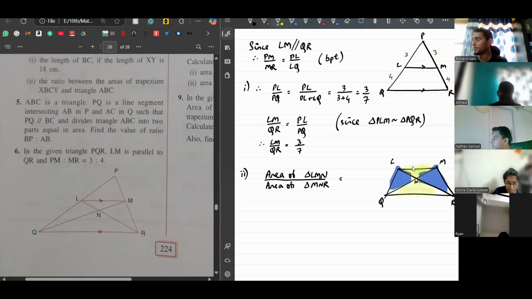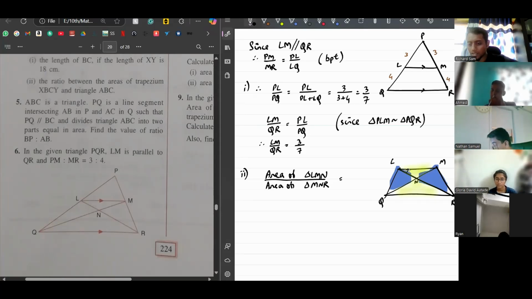Correct. All right. So LMN is similar to QNR and LQN is similar to MNR. I've not proved it, but we can prove it. Okay, let's see how to prove the first yellow triangles. LMN and QNR.